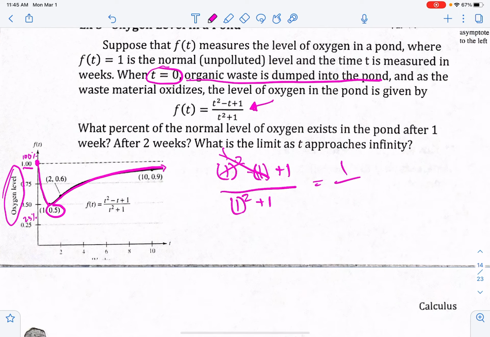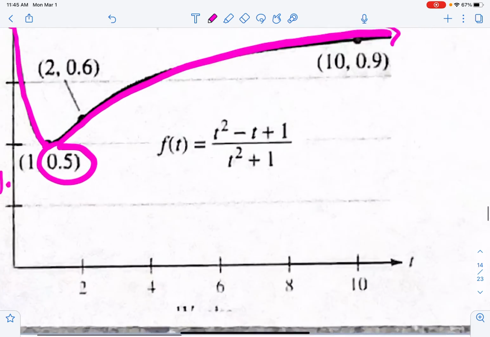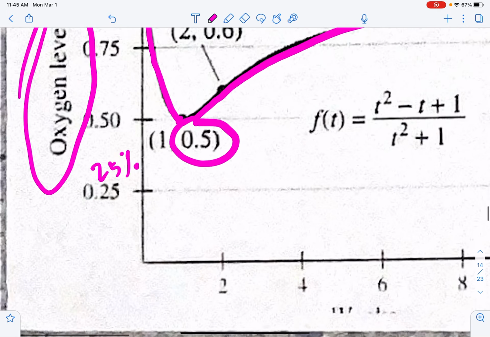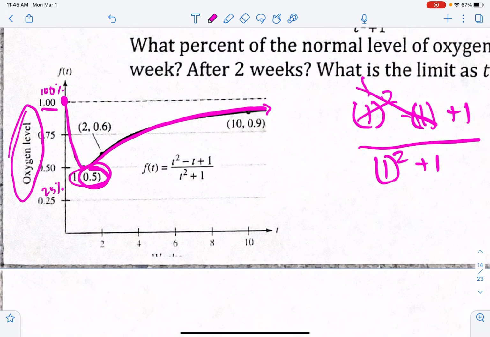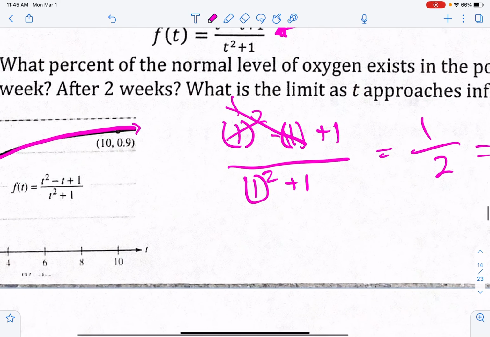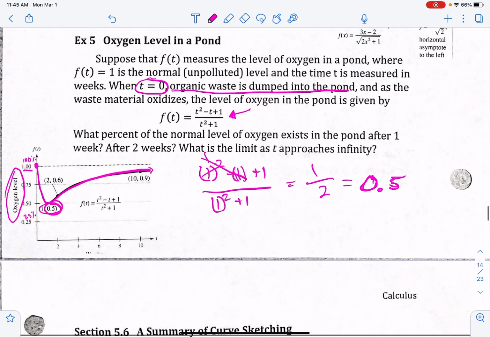We have 1 over, and the bottom number is 2, which is 0.5. And I'm sure Win is screaming at the thing right now saying, well, just look at the dang graph, because it's right here, right? 1 comma 0.5. If you plug it into the equation, though, that confirms it, okay? So after 1 week, I'm going to list that off over here. 1 week is at 50% oxygen, okay?